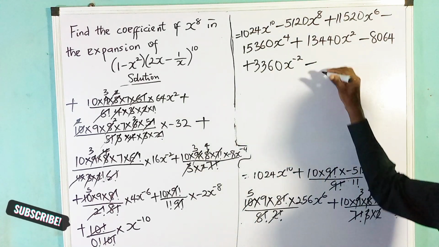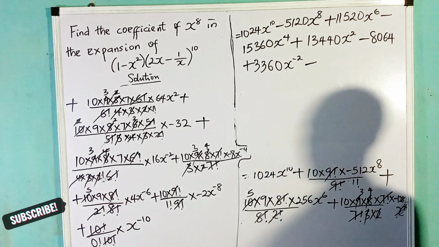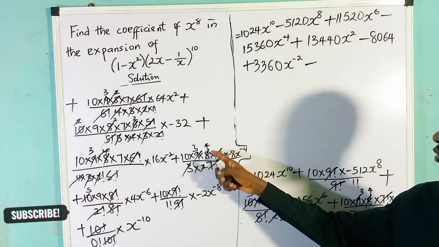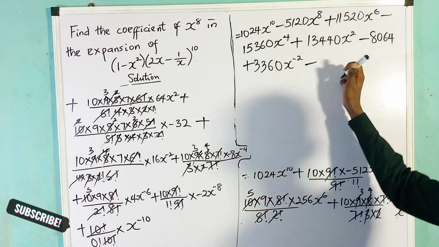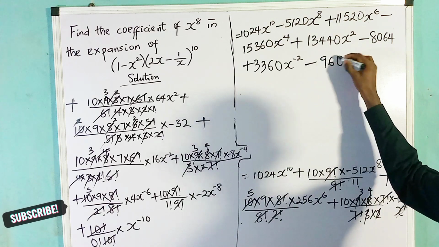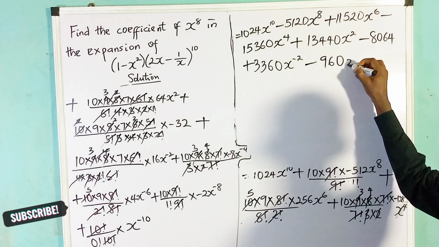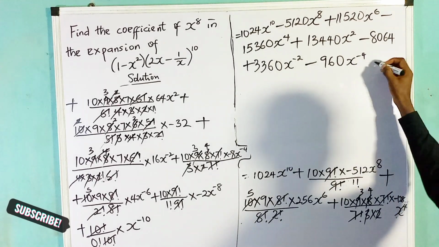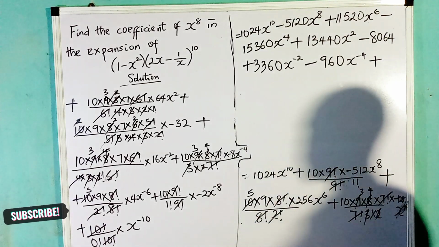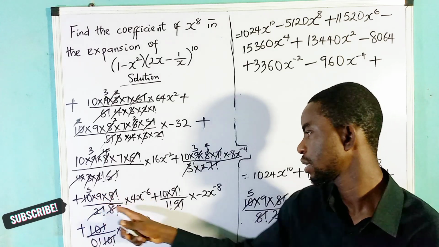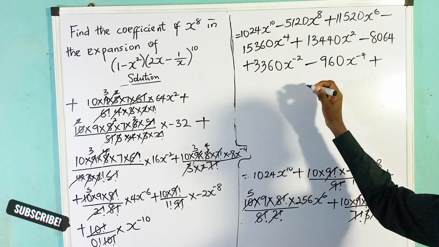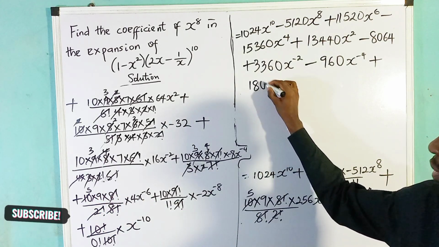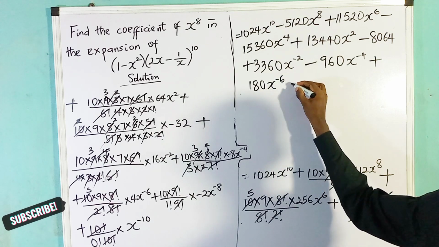And then we have plus minus now. Minus 10 times 3 times 4 times 8. That's 960x raised to the power of minus 4, plus 5 times 9 times 4, that is plus 180x raised to the power of minus 6.